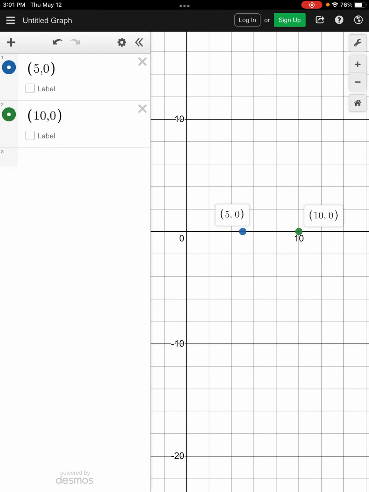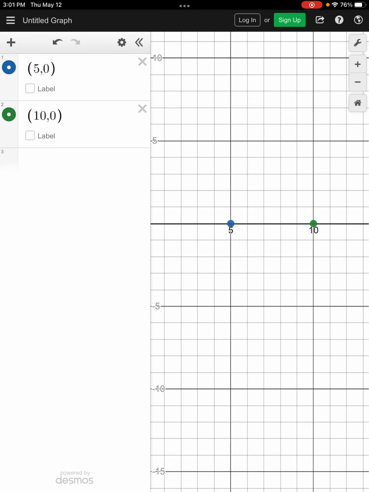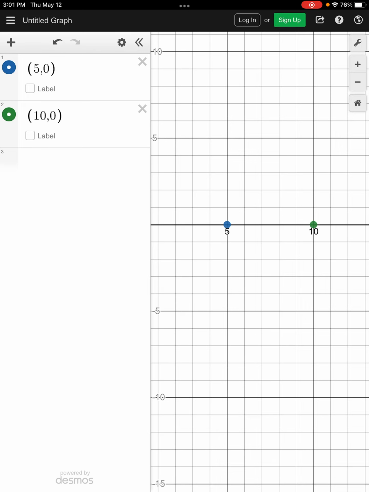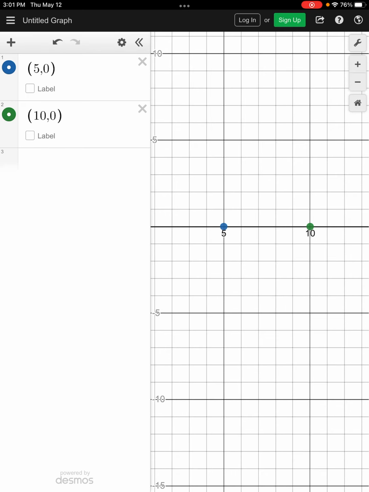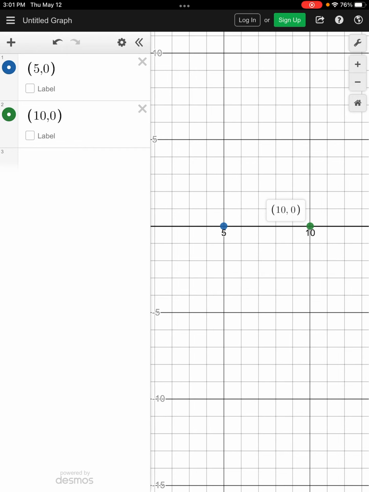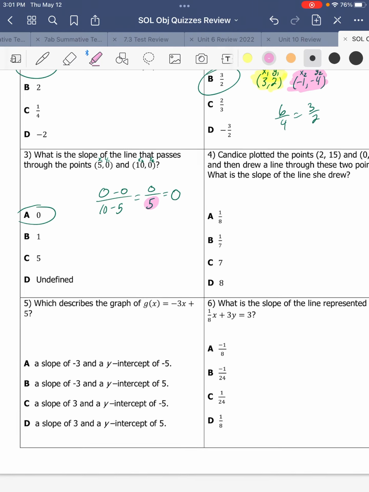So we have these two points. They are horizontal from each other. So rising, you don't go up at all, so 0, and then to the right, 1, 2, 3, 4, 5. So it would be 0 over 5, which is exactly what I have here.